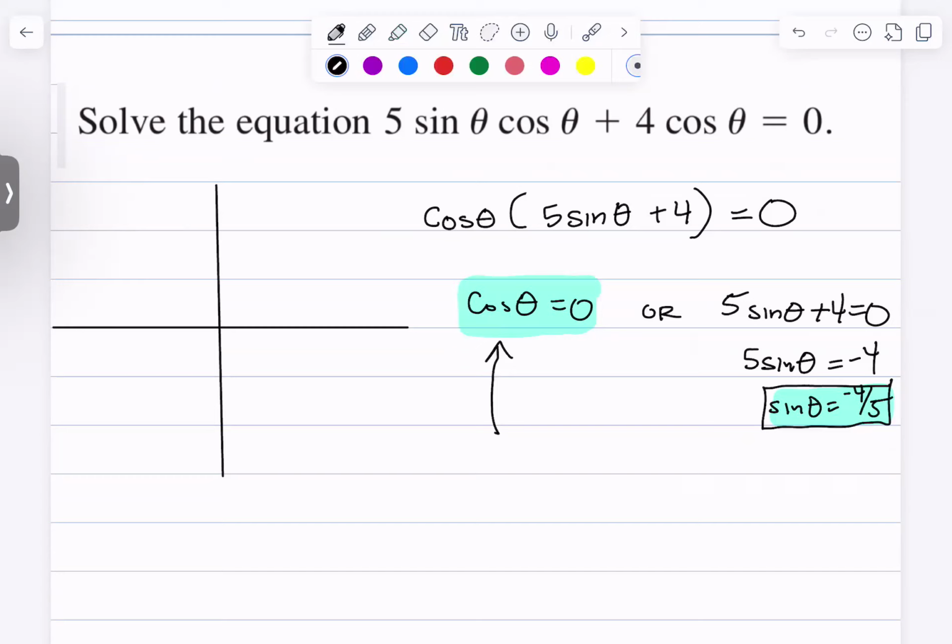We'll use the calculator for the random number later. But I want you guys to figure out where cosine of theta is equal to 0, and then give me that and find all the solutions. Okay?